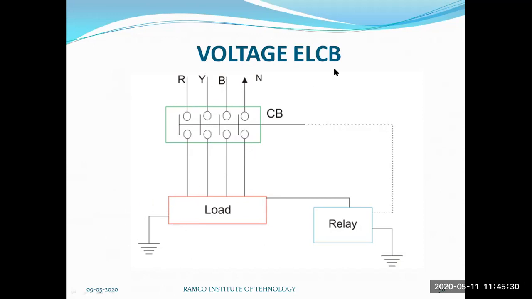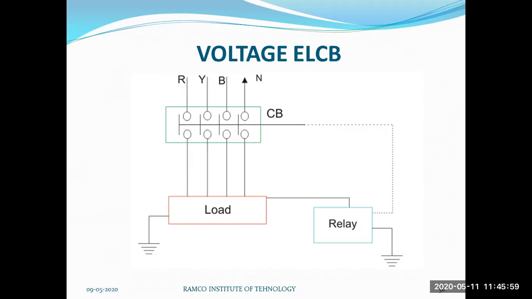So here the operation of the voltage earth leakage circuit breaker is that when you have the R phase, Y phase or B phase connected to a load, or a single phase load with a phase and neutral, you will have a potential difference between phase and neutral under normal operating conditions.